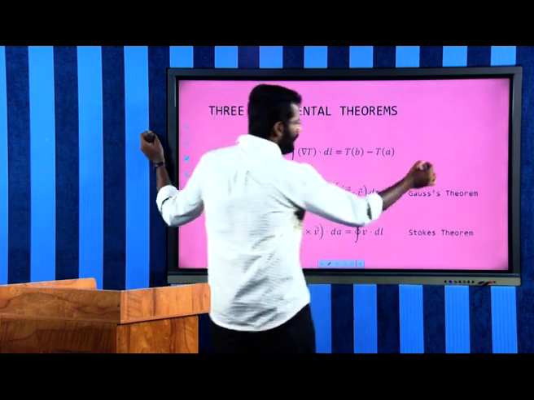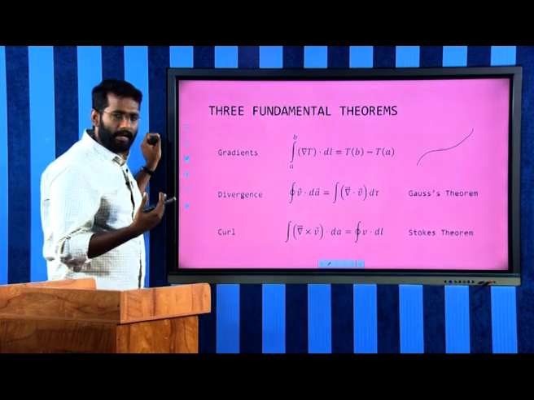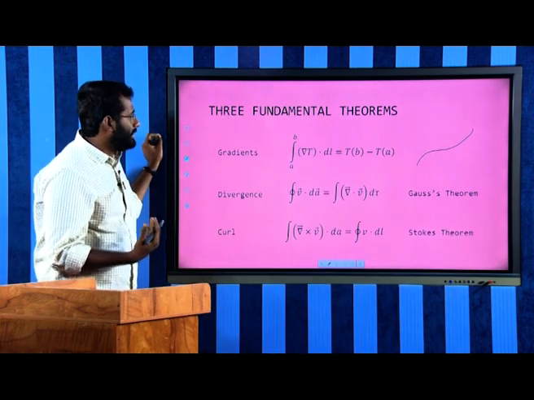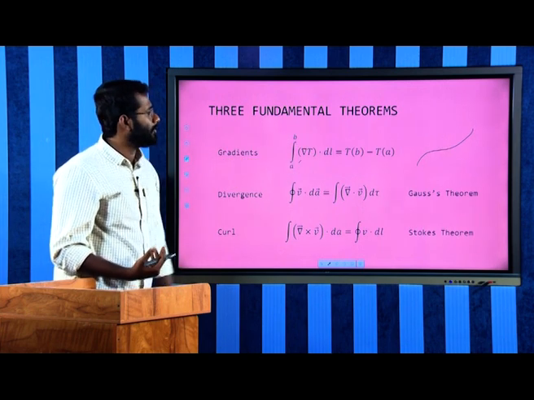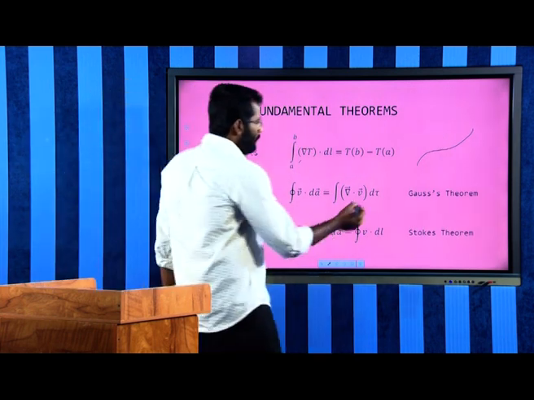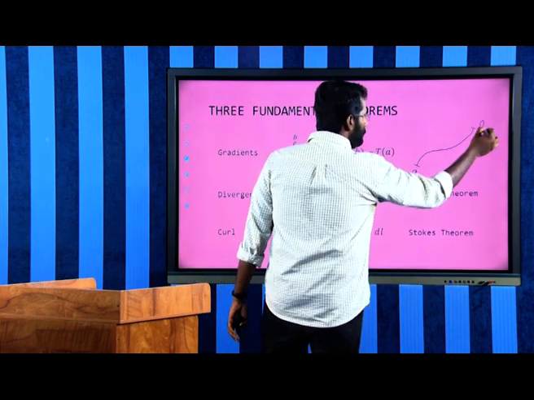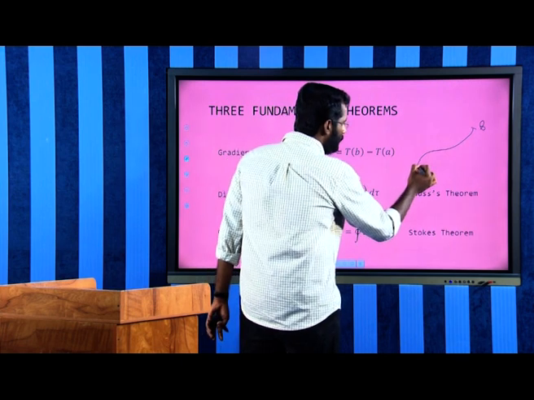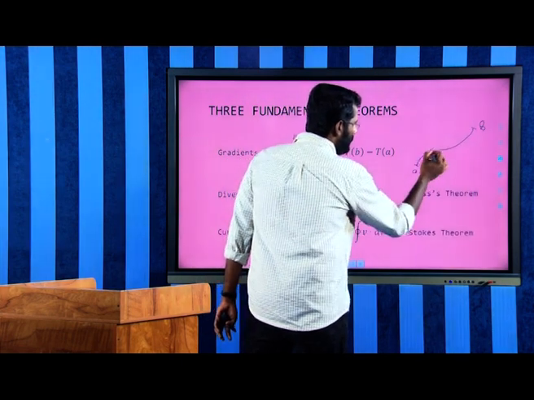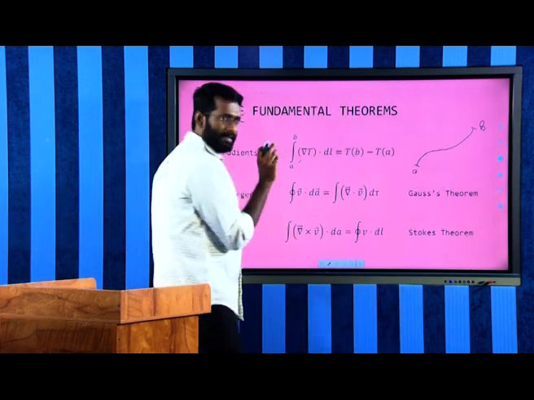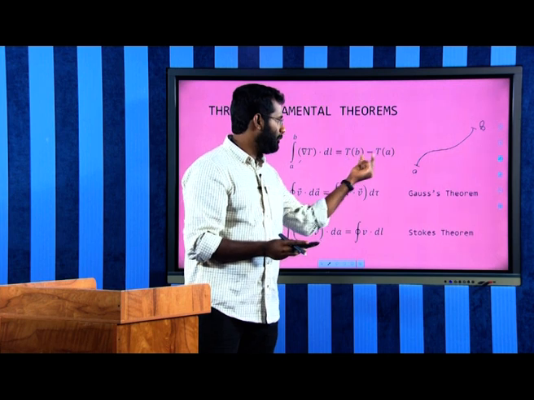That means we are evaluating a line integral of a vector field, and that vector field is del T, not just T. We know that the end points of the line are a and b. So, instead of doing the integral the whole way from here to here, we can just calculate it by measuring the endpoints, T of b and T of a.